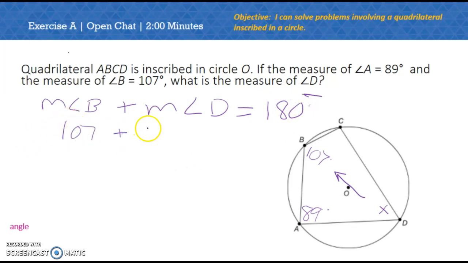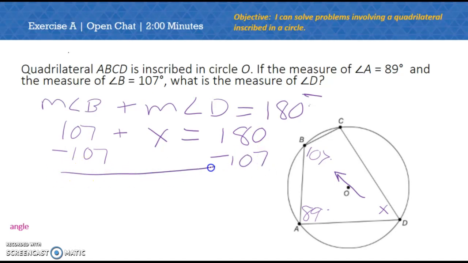We don't know angle D, that's X. We know that they have to add up to 180 degrees. Now to solve for X, we just subtract 107 on each side. Put that in your calculator and you'll get X equals 73 degrees. So the measure of angle D is 73 degrees.